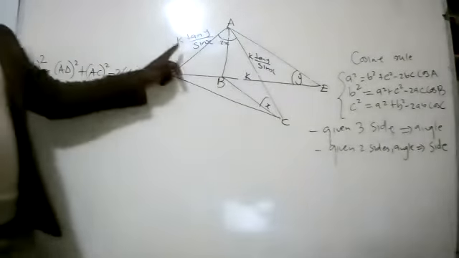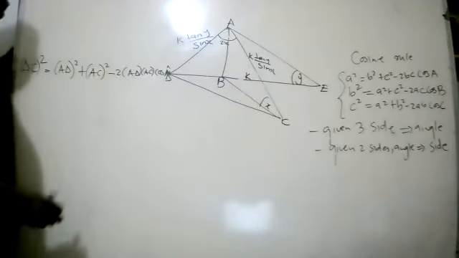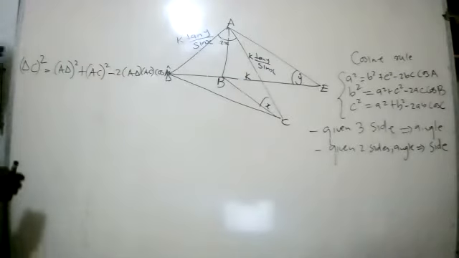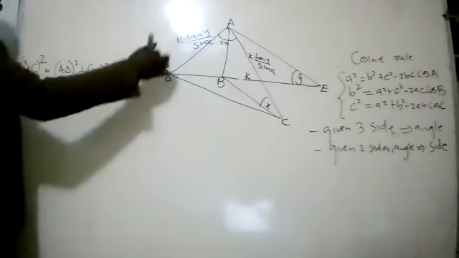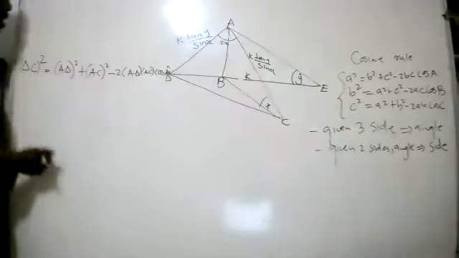We are given that this side here is the same as that. Therefore, if you like, you can simplify this formula further, but I would like to work with this formula as it is. Let's substitute what we are given, because I already told you the side AD is the same as the side AC.